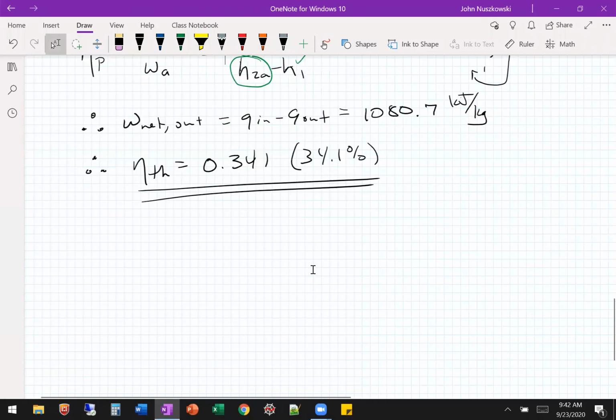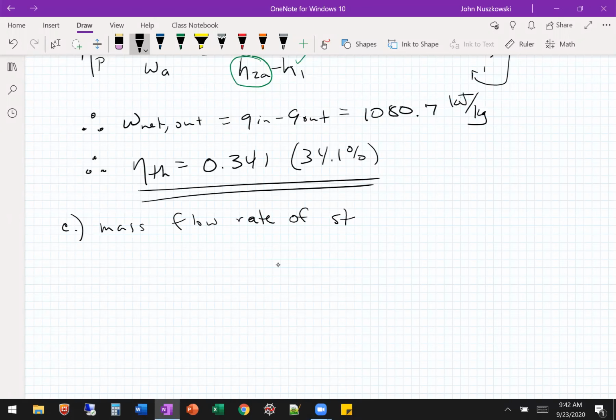All right. So then we have thermal efficiency. The last thing that we're being asked about is the mass flow rate of steam. Okay.